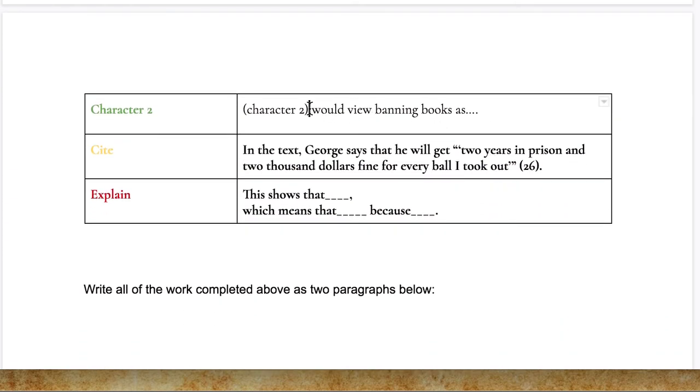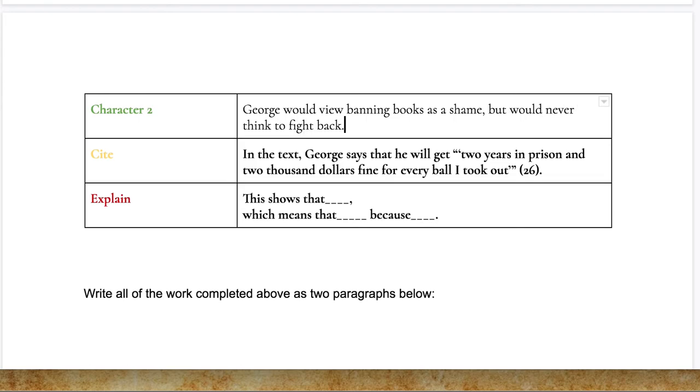Now, George, on the other hand, would view banning books as a shame, but would never think to fight back. In the text, George says that he will get 2 years in prison and a $2,000 fine for every ball he took out. This is something that George points out because he's scared.